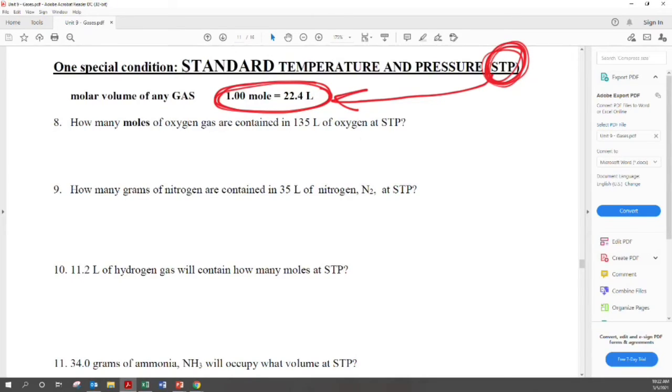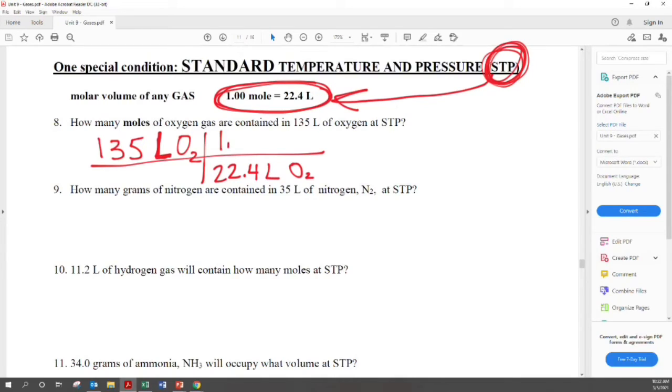So let's go ahead and work out a couple of these, because it is just a little bit more dimensional analysis. I have this 135 liters of oxygen, and if I use this equation, if liters are on top, then that means I need to put the 22.4 liters of oxygen on bottom. 1 mole goes on top of oxygen.